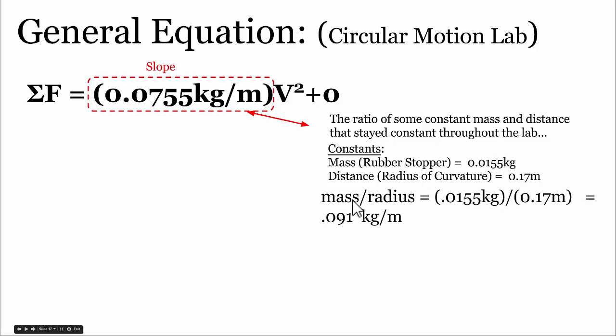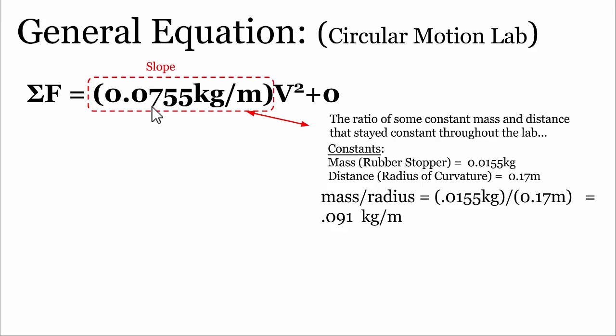So if we look at their ratio of the mass of the stopper divided by the radius of curvature, you get 0.0155 kilograms divided by 0.17 meters, and that gives a value of 0.091 kilograms per meter, which is awfully close to the value of the slope that they got on their re-expressed linearized graph.